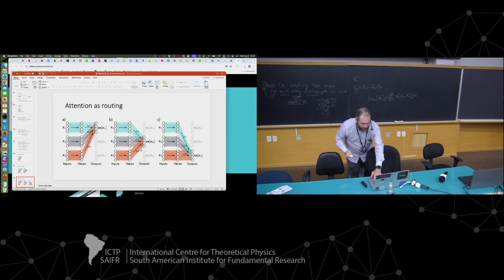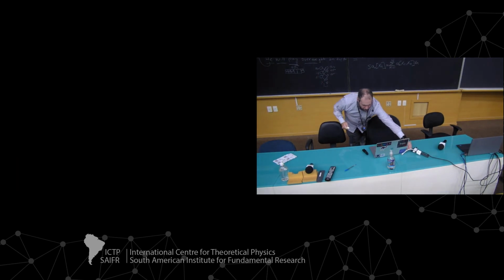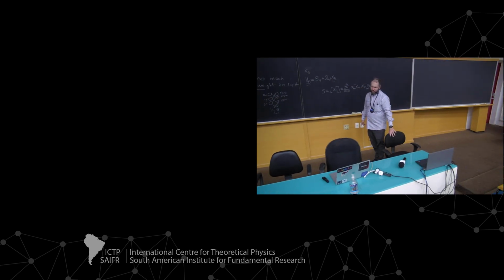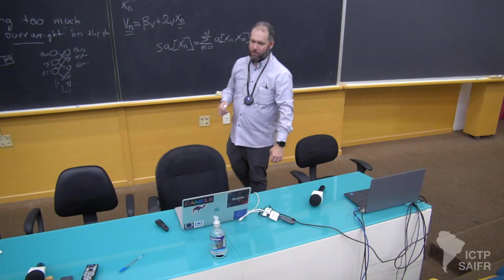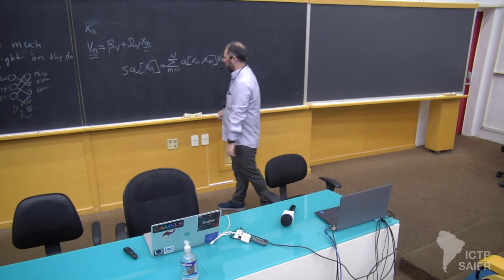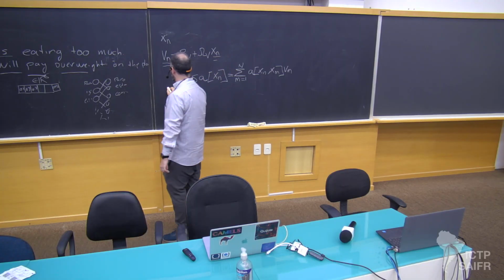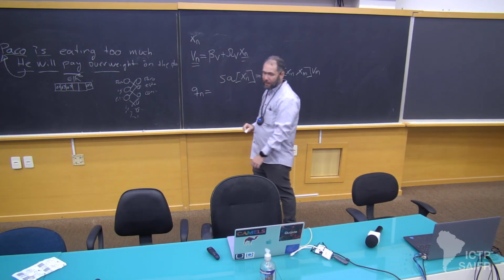Okay, is that clear? So let's define this. Let me do this on the blackboard. It's maybe easier. So we need to define two other things that are called the queries and the keys. So the query is going to be exactly the same thing as before.